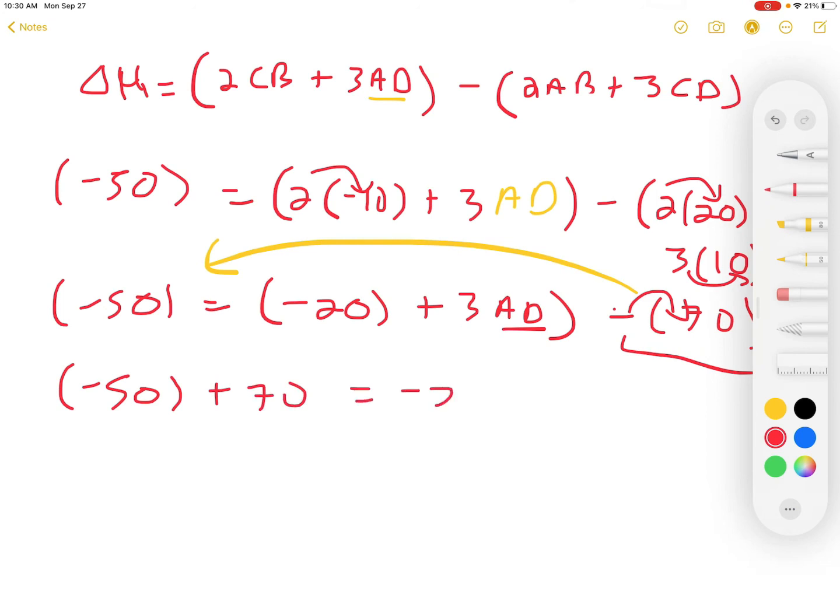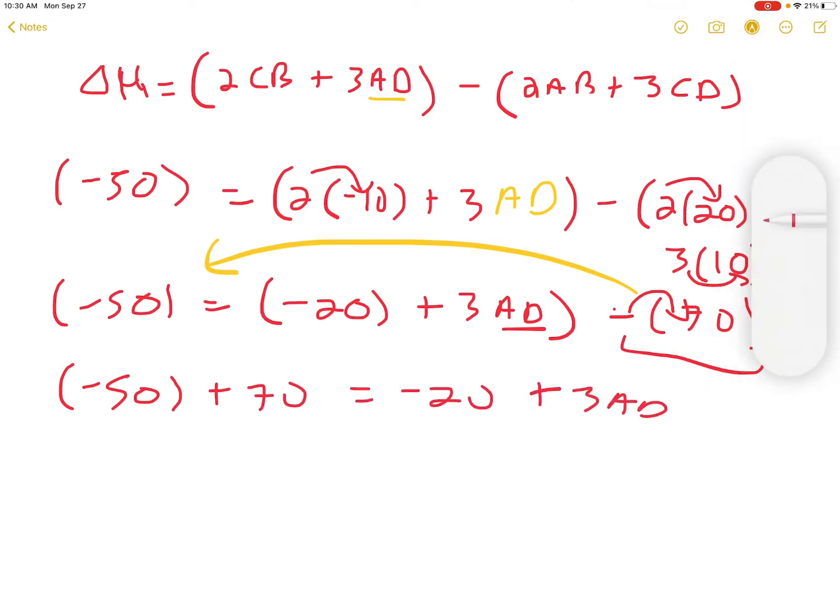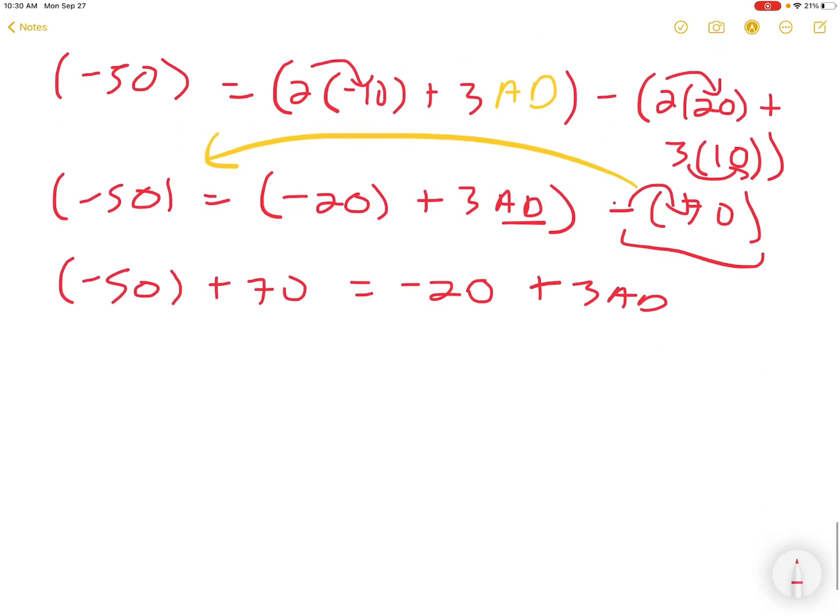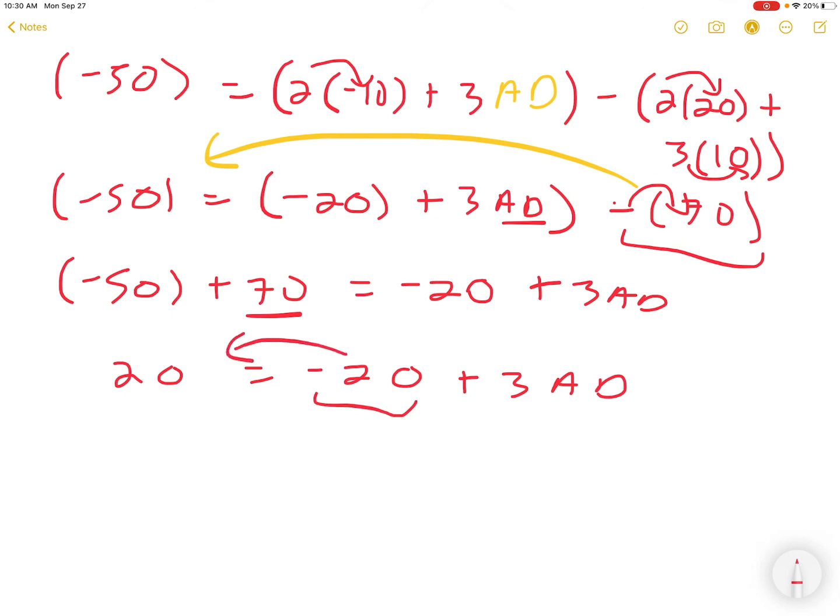And then it's equal to negative 20 plus 3AD. And then negative 50 plus 70 gives us 20 equals negative 20 plus 3AD.